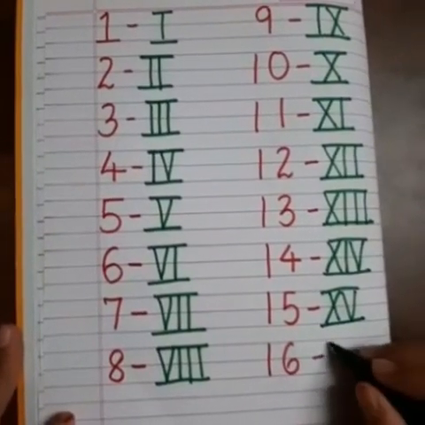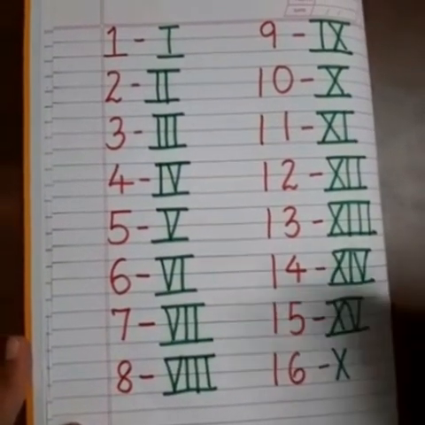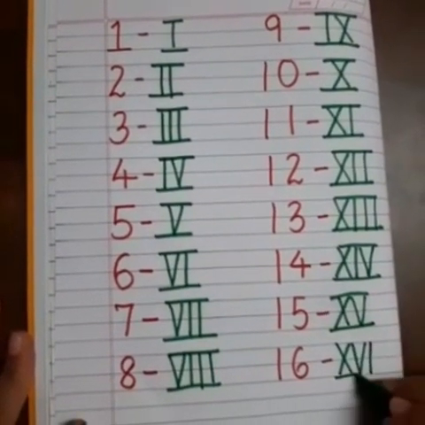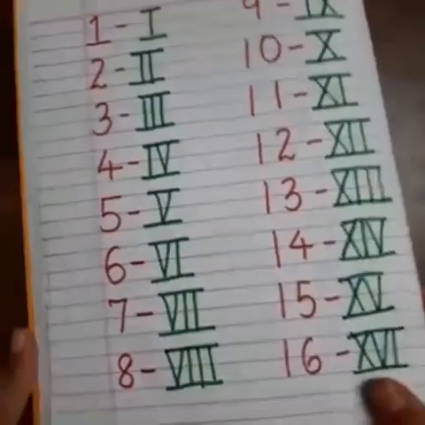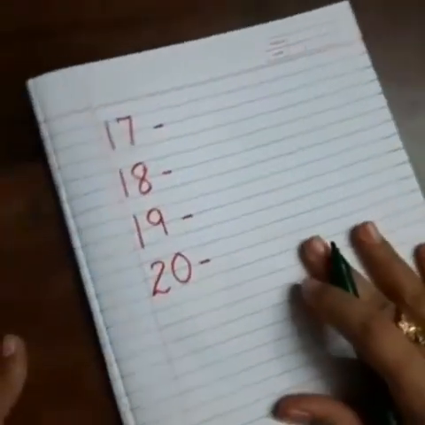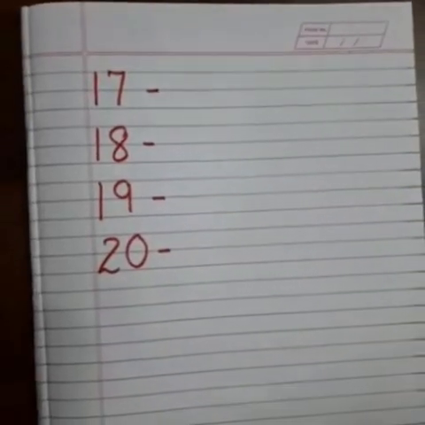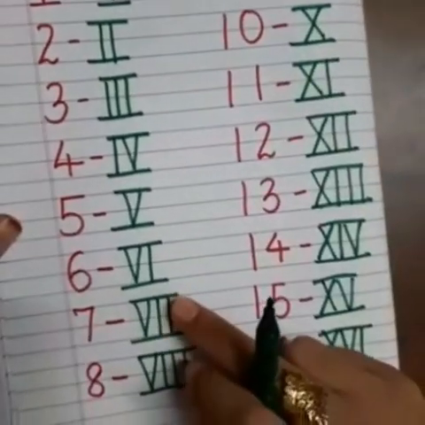For 16, I am going to write X and then 6, that is V and I. X plus 6, 16. For 17, I am going to write X plus 7.